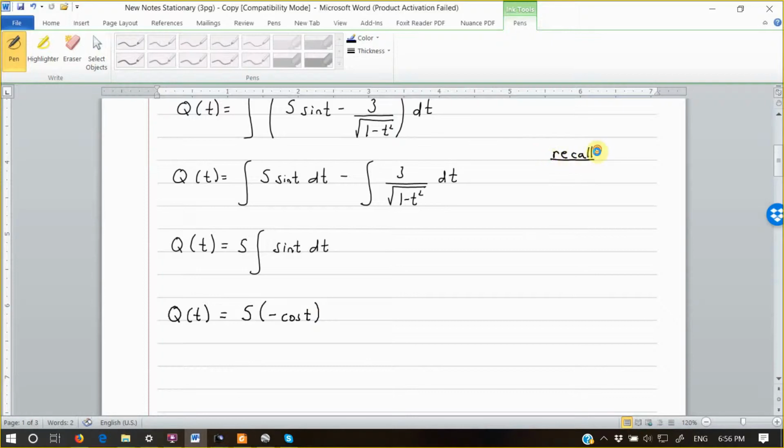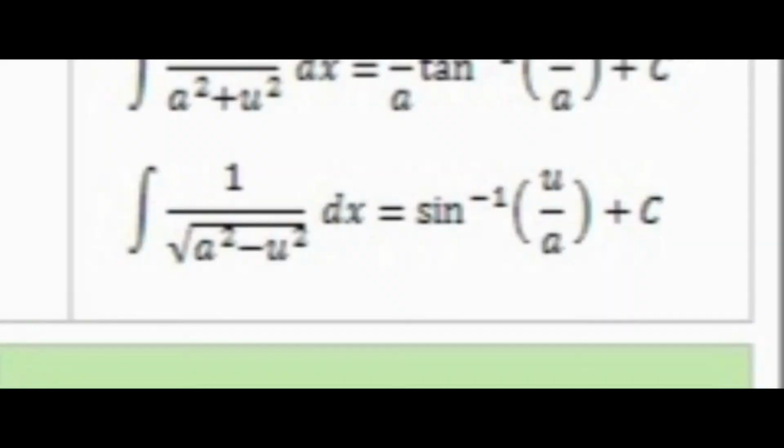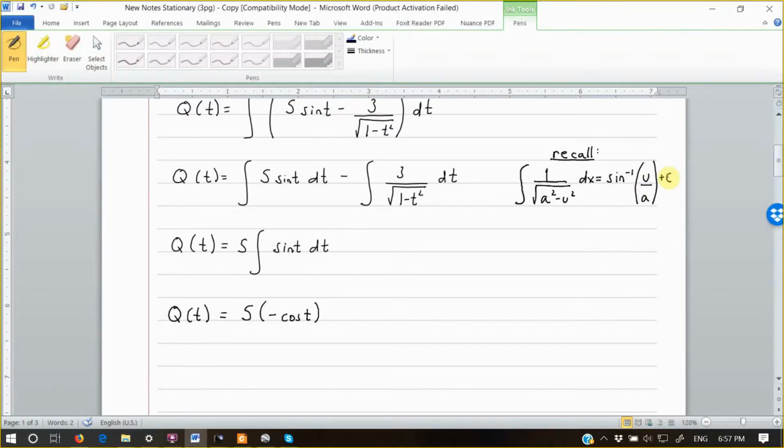Recall. Obviously, what I'm going to do here is bring the 3 outside. And then what I've got is a carbon copy of the one that we have on the right. Which means minus 3.